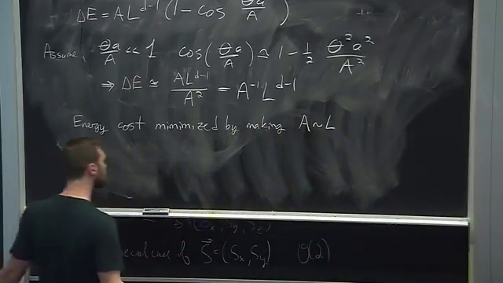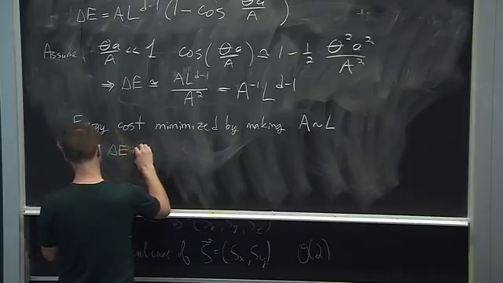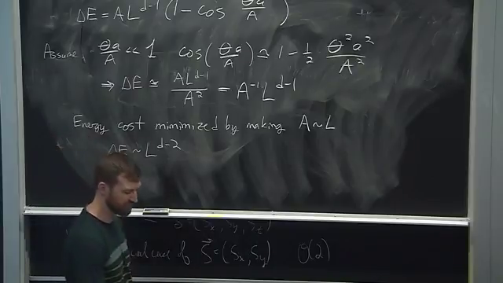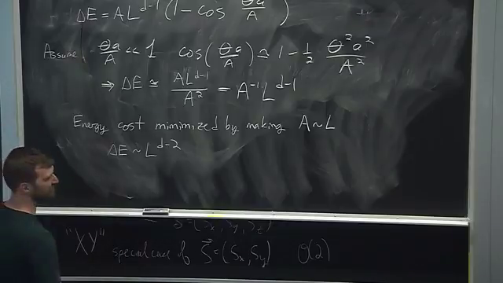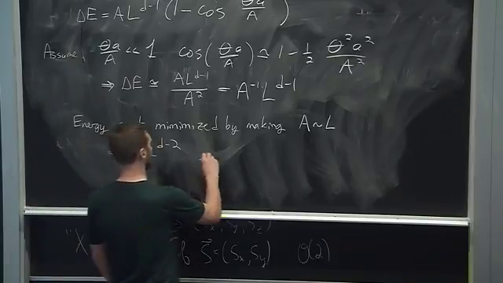It can't get any bigger. So then your delta E goes like L to the D minus 2. And then assuming your entropy doesn't change, all you have to assume is that there's some functional dependence of the entropy on L. It doesn't matter.